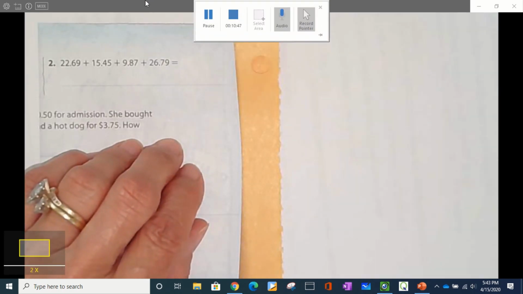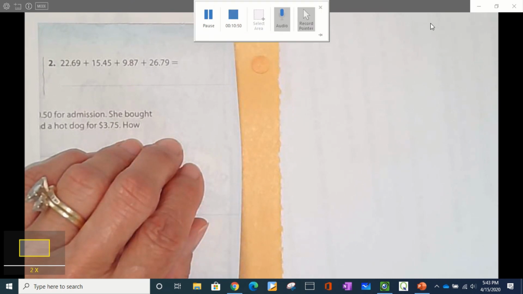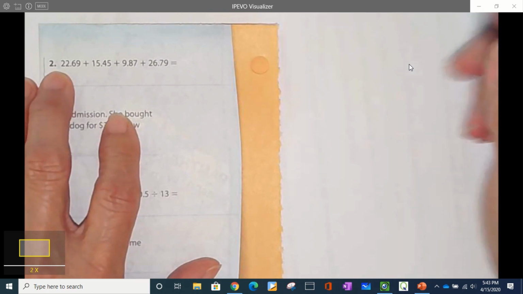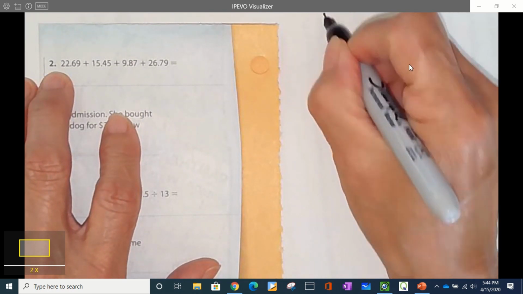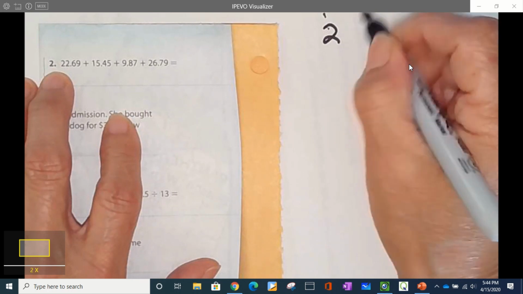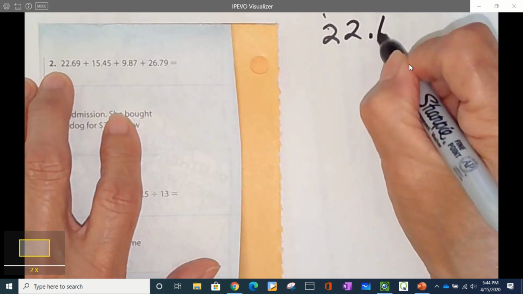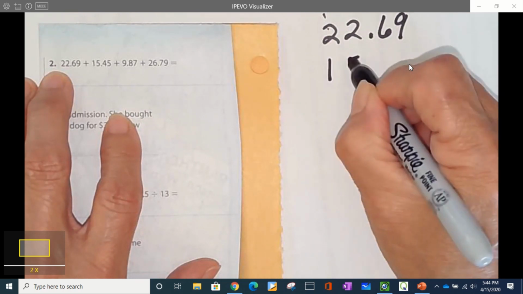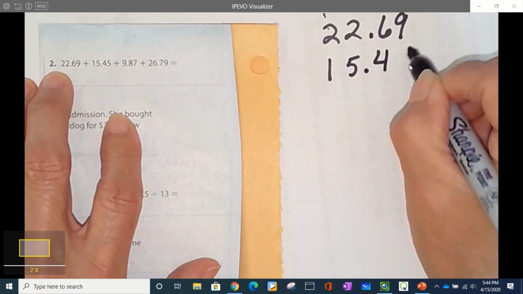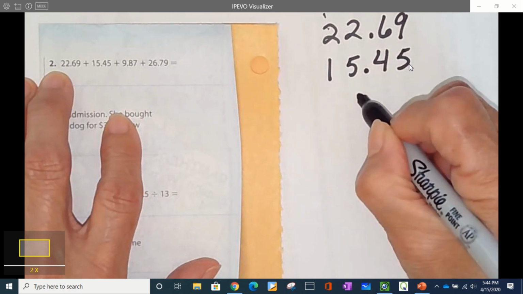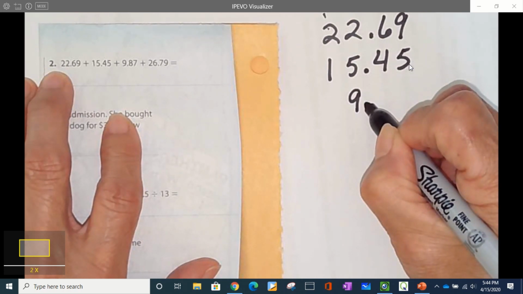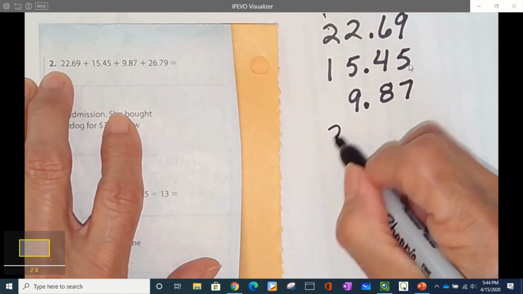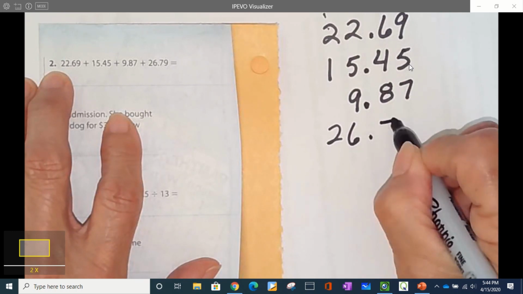Okay, students, you're going to do one more on your own, and I'm going to pause this, all right? So we have these 4 numbers: 22.69, 15.45, 9.87, and 26.79.